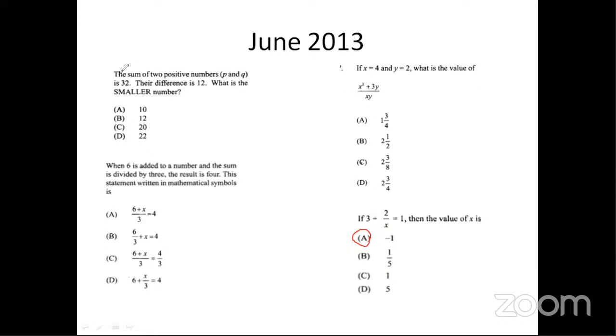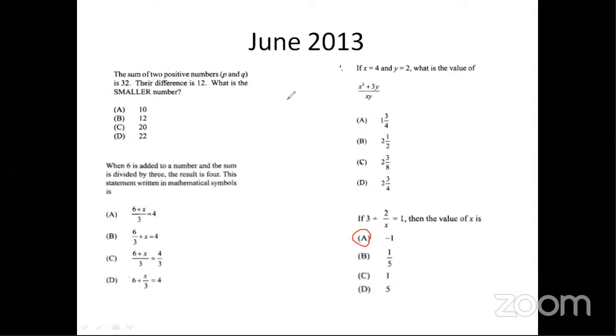All right, so going straight back to the first question here. The sum of two positive numbers, P and Q, is 32. Their difference is 12. What is the answer?